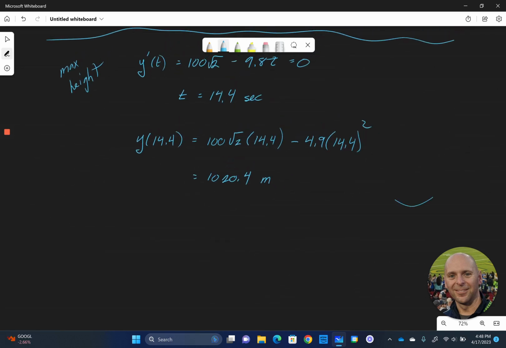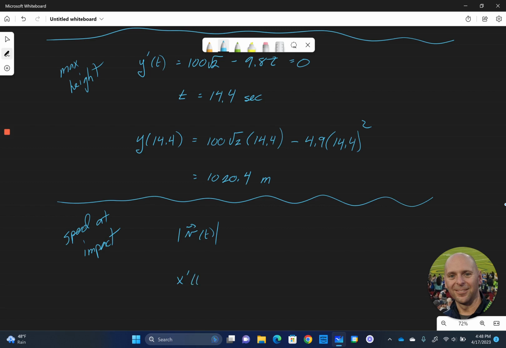Now for the last part of this, we're asked to compute the speed at impact. And there we're going to need the magnitude of the velocity, which of course is just the square root of the sum of the squares of the individual components. So I'm going to need this velocity vector v, which for me is going to be x prime of t and y prime of t.